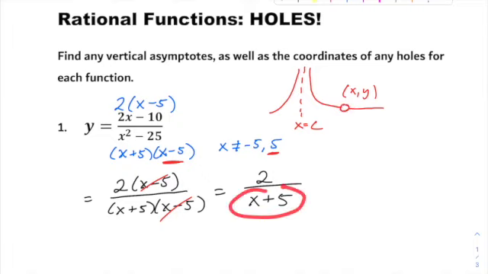Anything that's still in the denominator is still making it undefined. That's what we call a non-removable discontinuity, and that is still going to be a vertical asymptote. So what we have here is the solution to what's still left over in the denominator, in this case, x equals negative 5. That is a vertical asymptote.